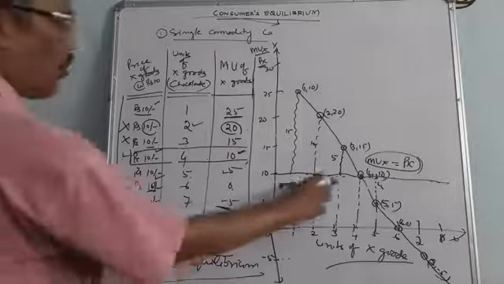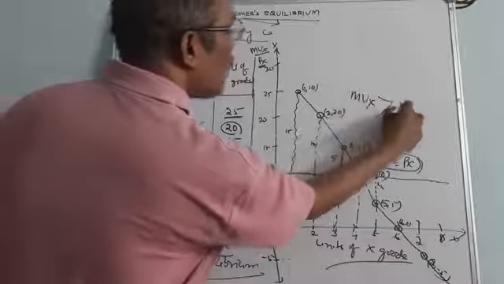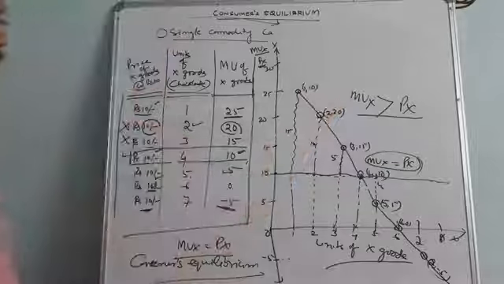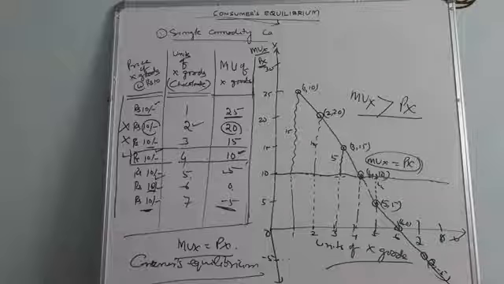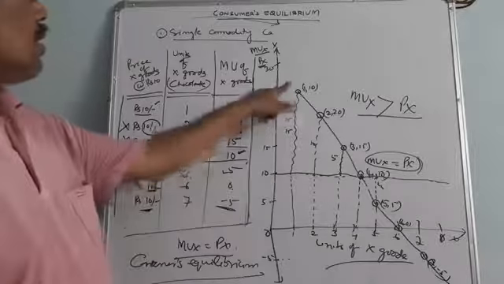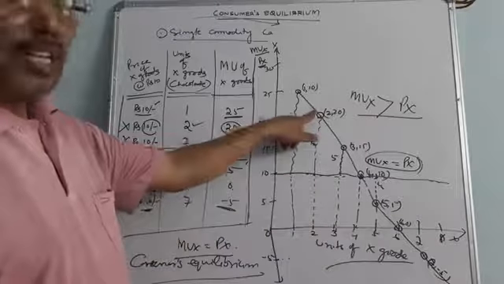Up to this point, marginal utility of X is greater than price X. In this case, the consumer gains more satisfaction as compared to the sacrifice he makes in terms of price paid. It means in each and every case he paid 10 rupees and is gaining more. Second case, gaining more.